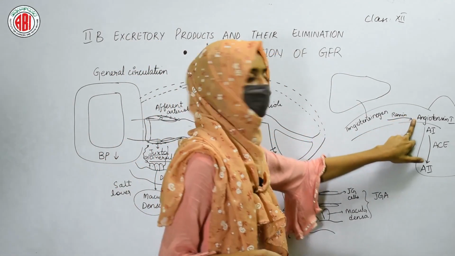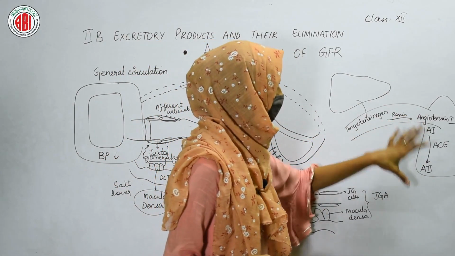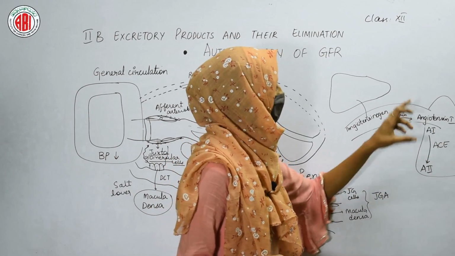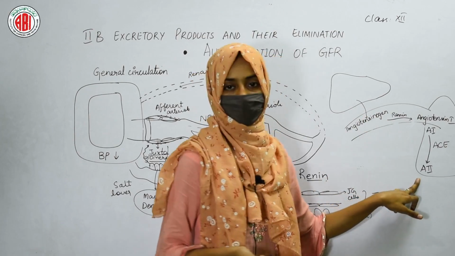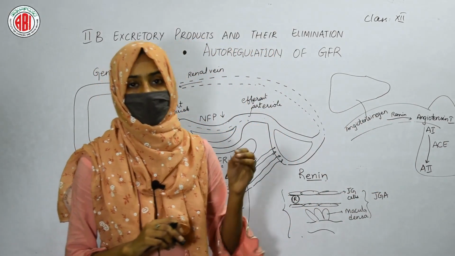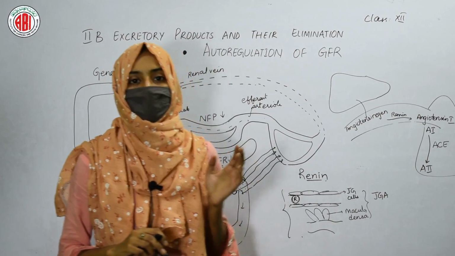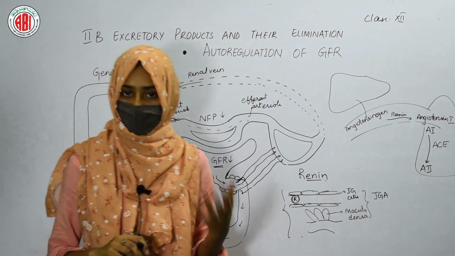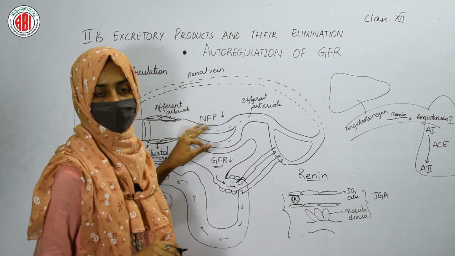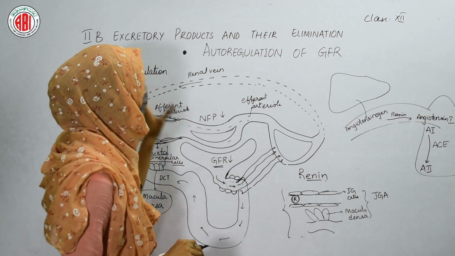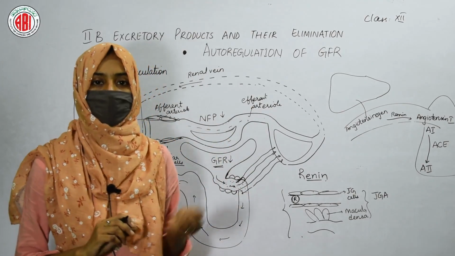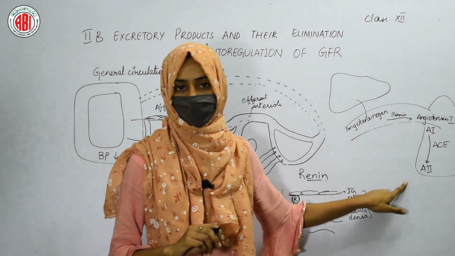So, angiotensin 1 is broken down by the angiotensin converting enzyme, and it forms angiotensin 2. Now, this angiotensin 2 is an active substance that functions actively to regulate the GFR. That is, in the process called auto-regulation of GFR, it is going to help. And in the next session, I will explain to you the function of angiotensin 2.